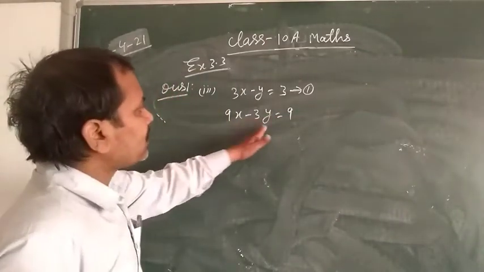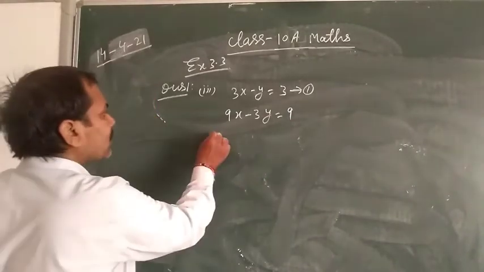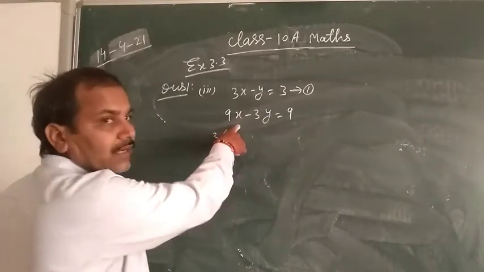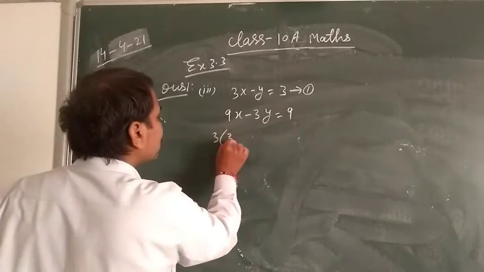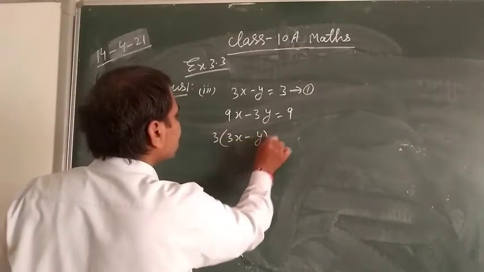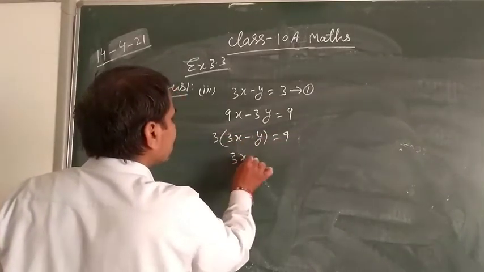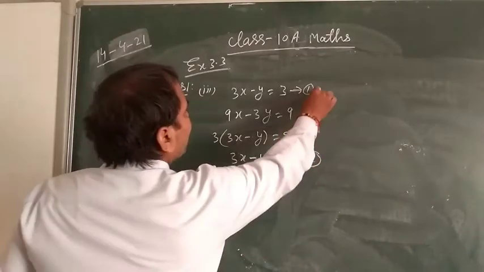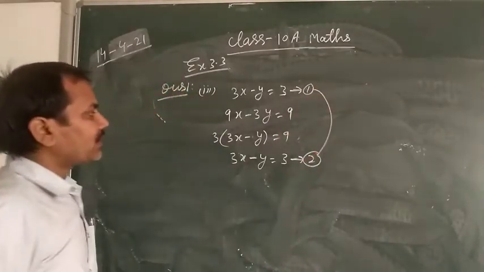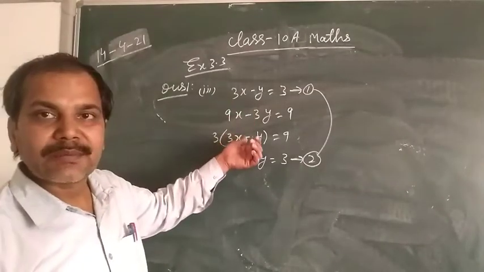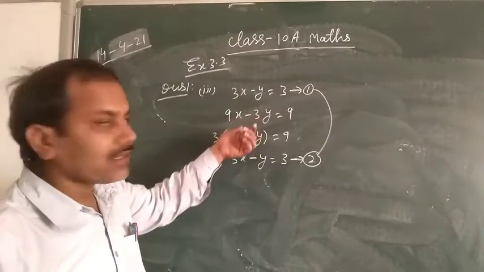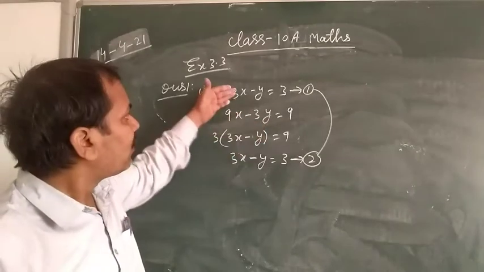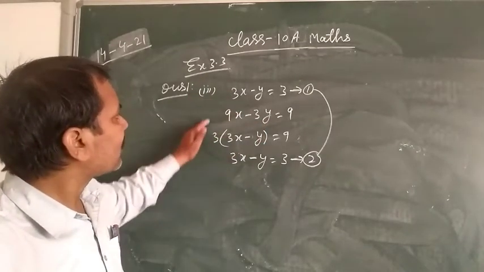From that, on the left hand side you can take 3 common. So 3x minus y is equal to 3. So 3x minus y is equal to this equation. So the first and second equations, after simplifying, both are coming the same.